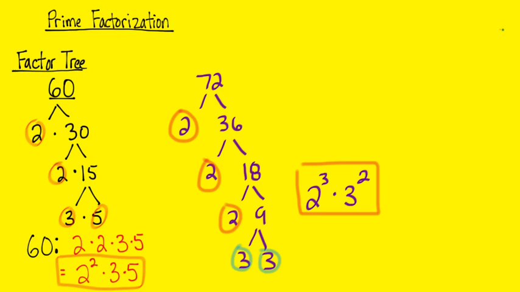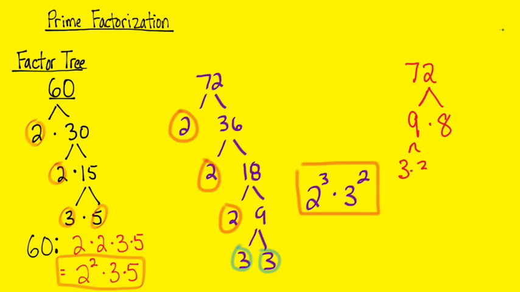Now, is there a faster way to do prime factorization? Well, of course there is, because I don't need to just keep dividing off a 2. I know that 72 is also just 9 times 8. And we have used 2 to the third power equaling 8 over and over again in chapter 6. So hopefully that's very recognizable. But if not, that's okay.